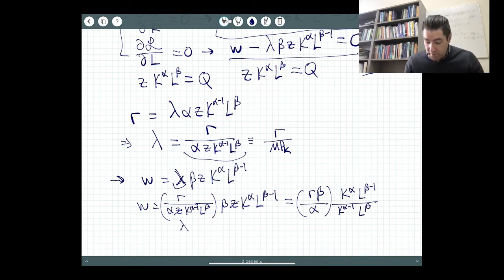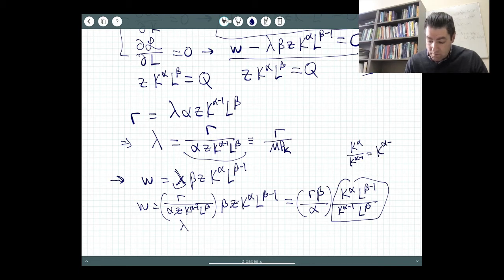Now, if you simplify this part, it's just going to knock out to k over L, right? So if we have k to the alpha over k to the alpha minus 1, that is k to the alpha minus alpha minus 1, which is just k to the alpha minus alpha plus 1, which is just k to the 1. So we've just got k.